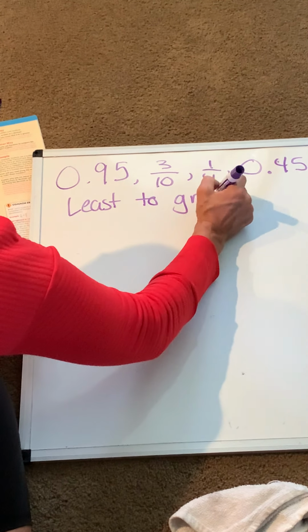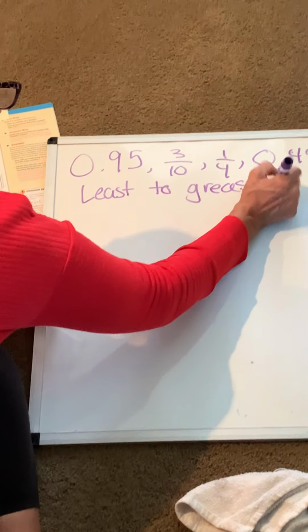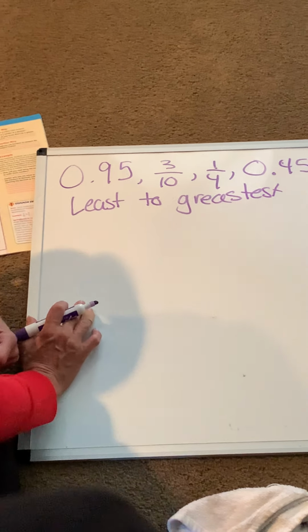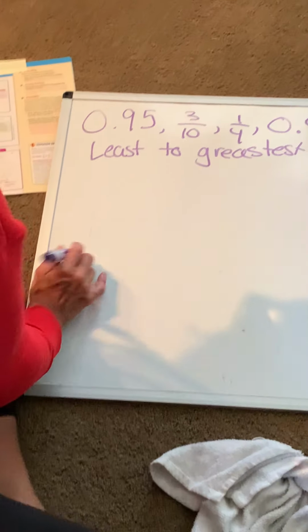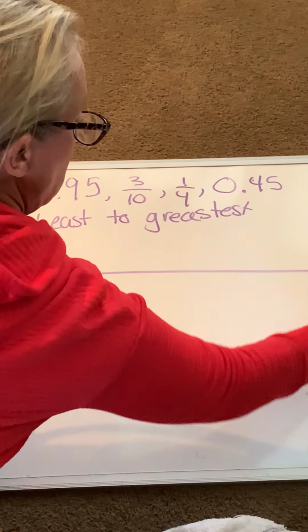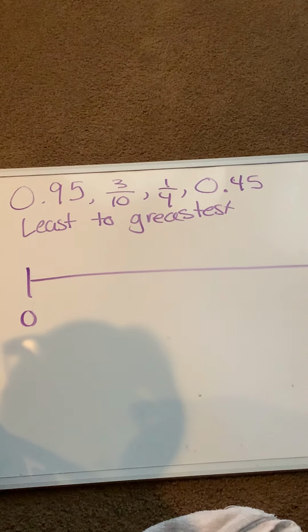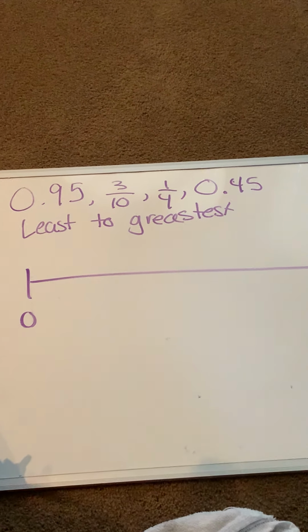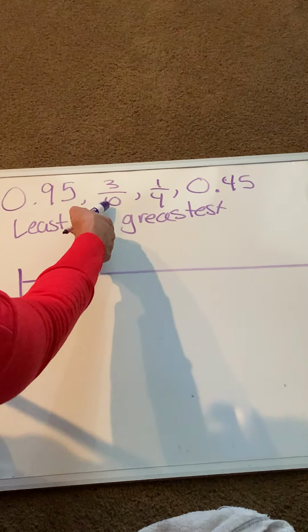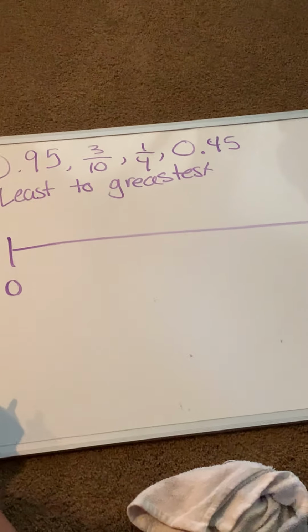Okay? So you're going from smallest to largest. And you can see on that number line that you're going from 0 to 1. And they are showing decimals on that number line. So you're going to have to convert 3/10 and 1/4 to a decimal.